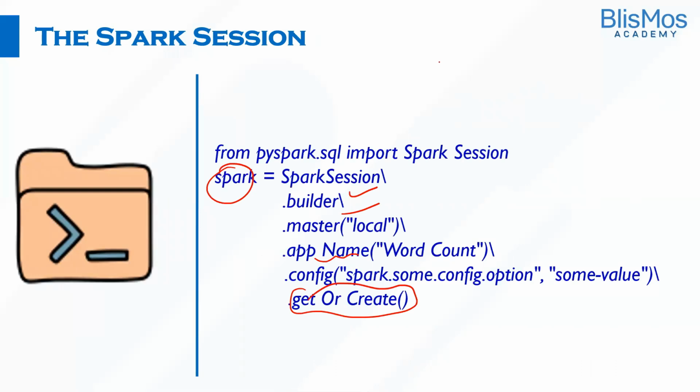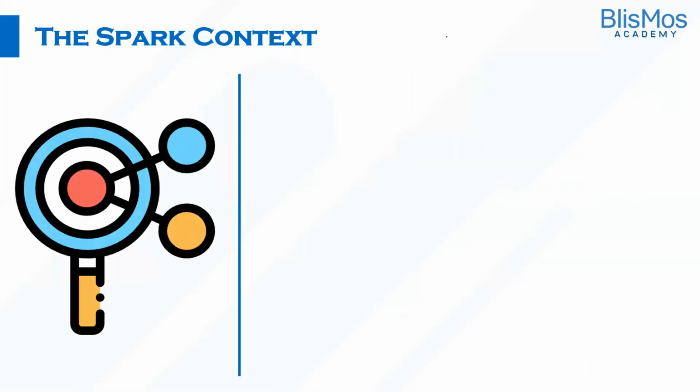After you have a Spark session, you should be able to run your Spark code. From the Spark session, you will be able to access the low level APIs as well. But as you know, we have the Spark context within the Spark session.